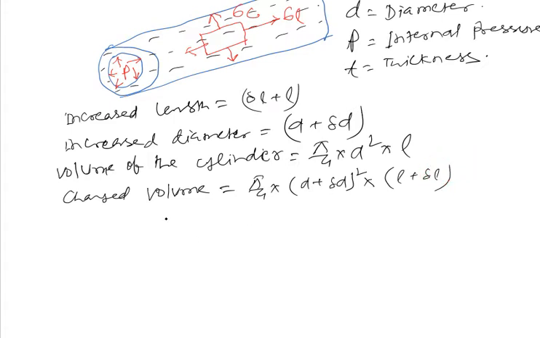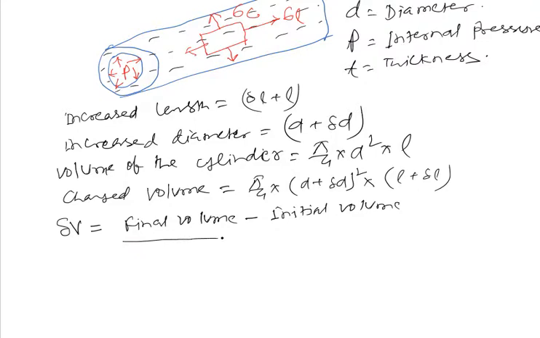Correct? Now we can find the change in volume also. The change in volume, delta V, is equal to final volume minus initial volume. Divided by the initial or original volume, this is the strain.